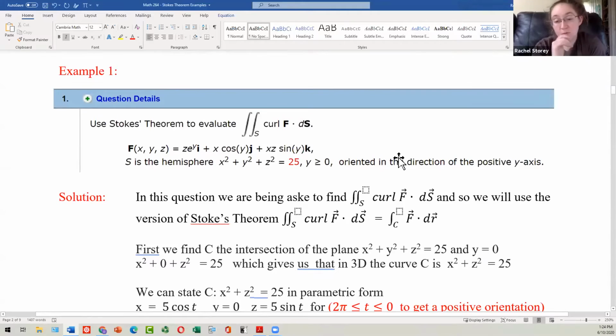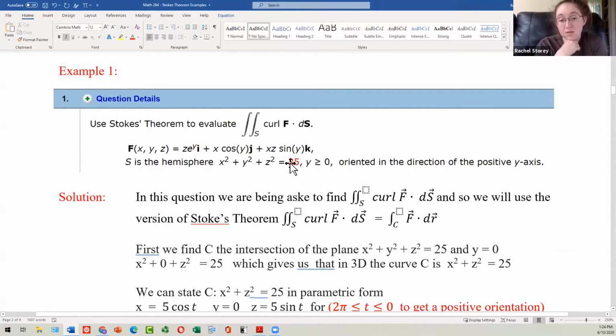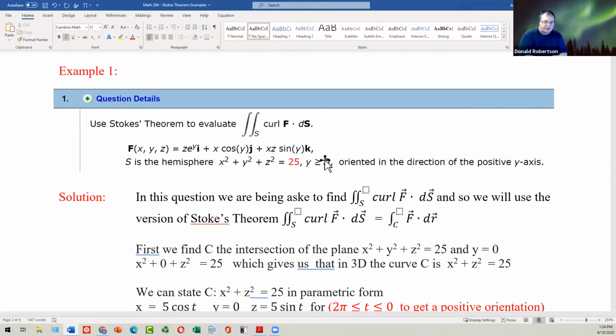The question's pretty simple. Why are you making y 0? Oh, because the question told you to. You see this bit here where y is greater than or equal to 0? Imagine this is a sphere. Then y greater than or equal to 0 means you're cutting the sphere and taking everything on the side that has a y coordinate greater than 0.